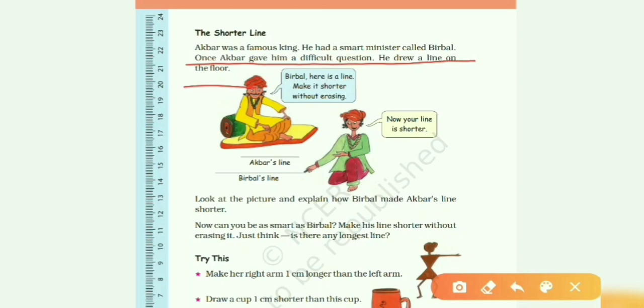He had a minister whose name was Birbal. He was very smart and intelligent. Akbar gave him a difficult question to solve. Birbal has to solve it. It means answer it. Now look at the picture.